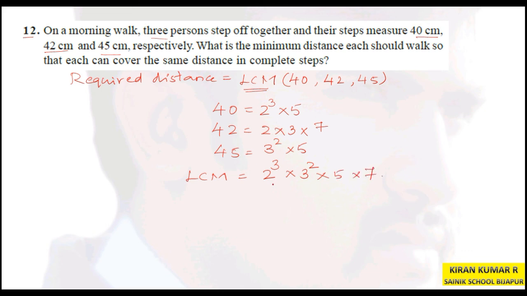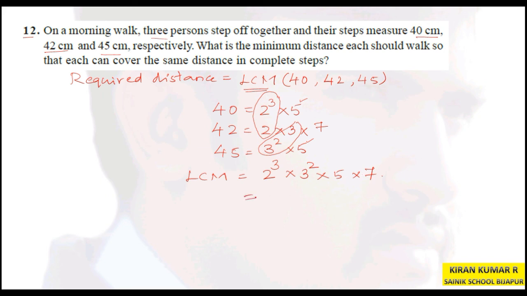All the numbers expressed as prime products should be considered along with their highest power. Here the highest power of 2 is 3. Here you can observe the highest power of 3 is 2, and 5 the highest power is 1, and 7 is having the power 1.